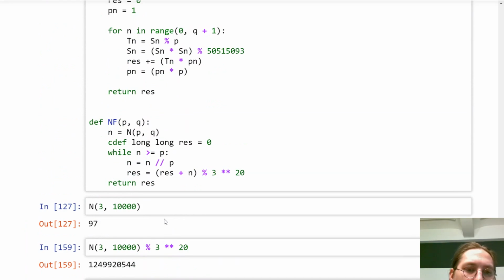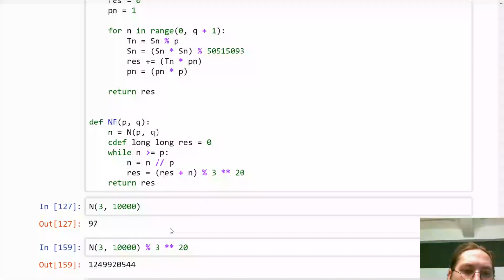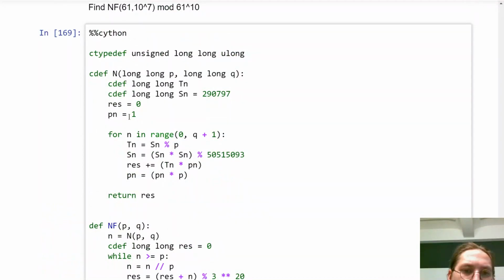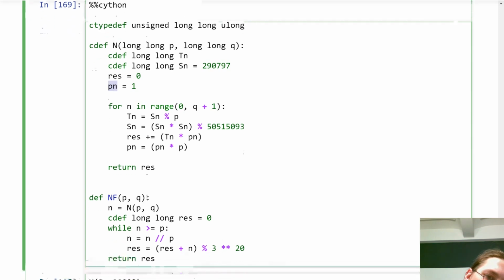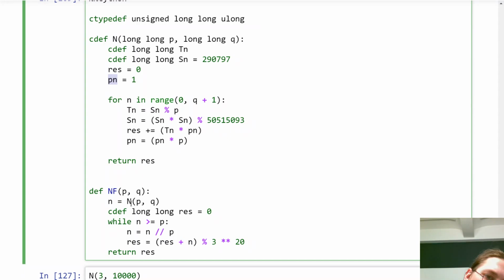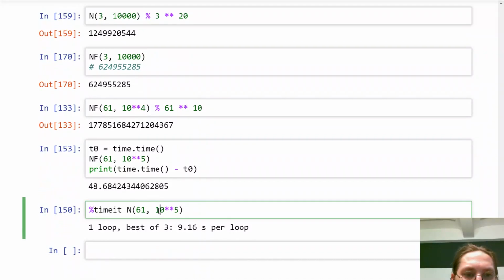I won't try that. So Pn is ginormous. Yeah, well, maybe it doesn't hurt.